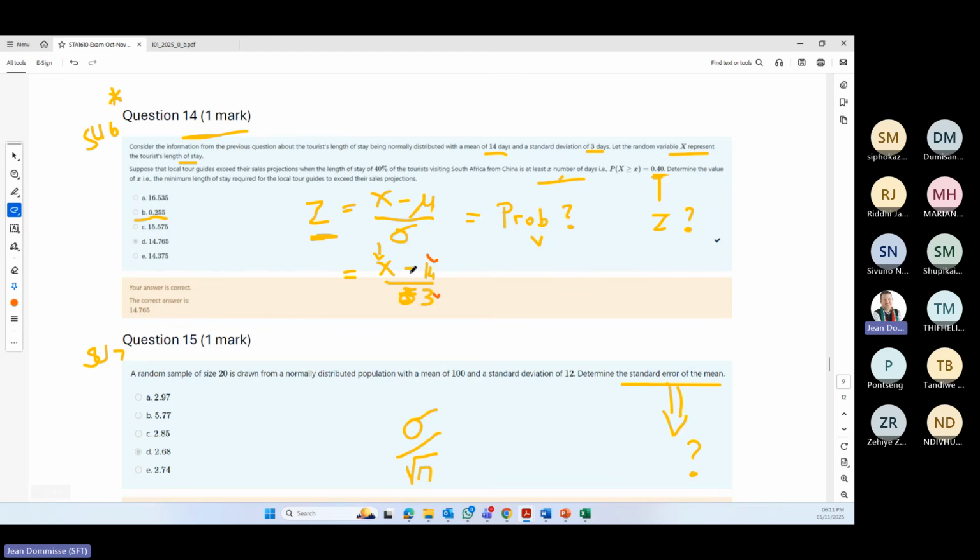Let x be random, and we will need to work out that x. But suppose that the local tour guides exceed their sales projections when the length of stay of 40% of tourists visiting South Africa is at least X number of days. So probability of X bigger or equal.